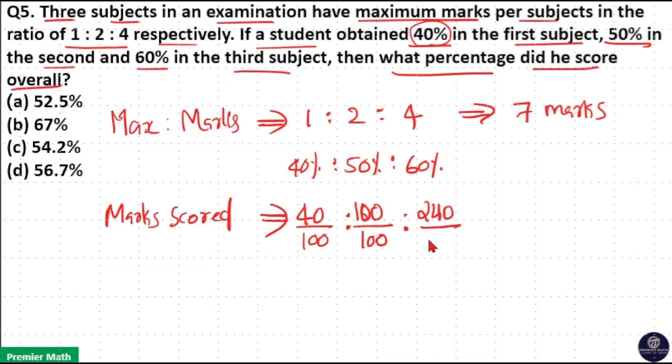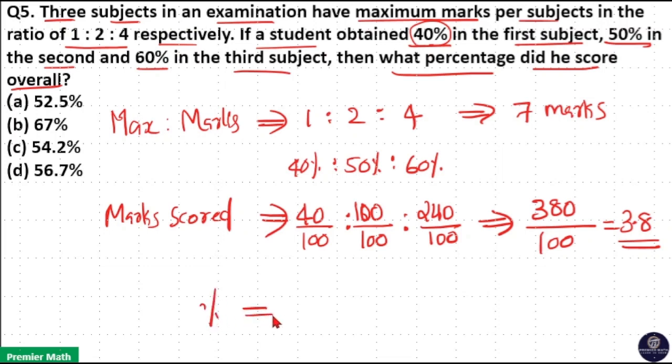240 by 100. Then, total marks he scored in these three subjects is equal to 40 plus 100 plus 240. That is equal to 380 by 100, which is equal to 3.8 marks. That is, out of the 7, he scored 3.8 marks. Then percentage of marks he scored is equal to 3.8 by 7 into 100.